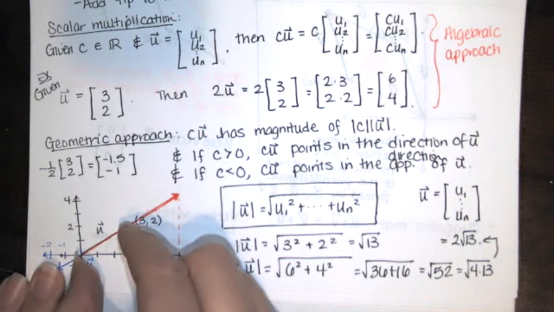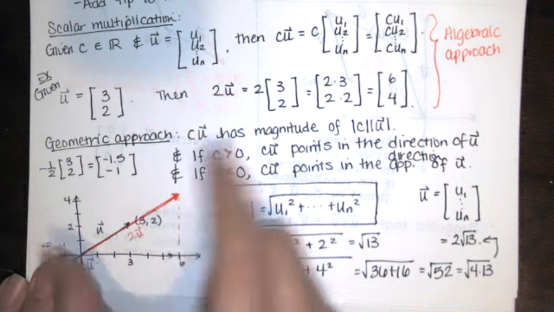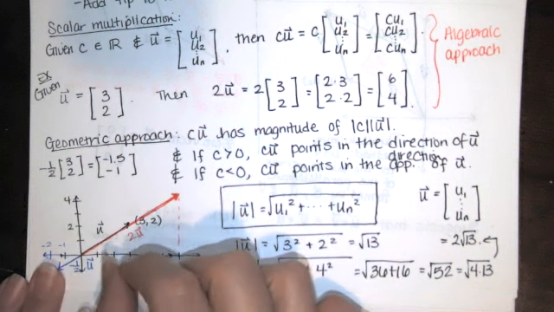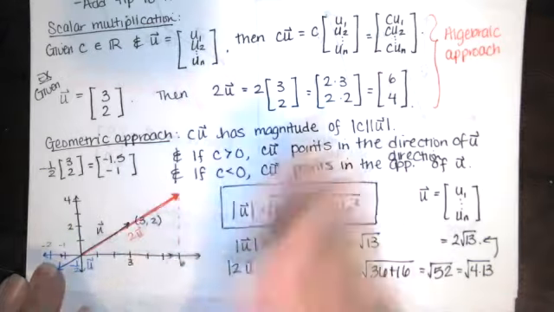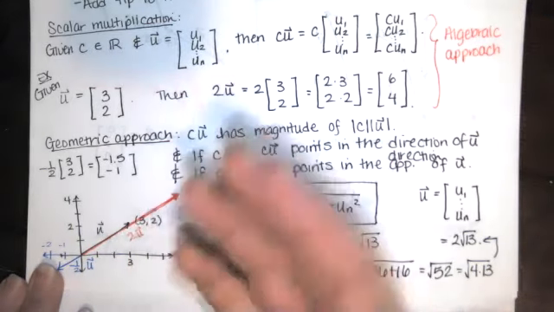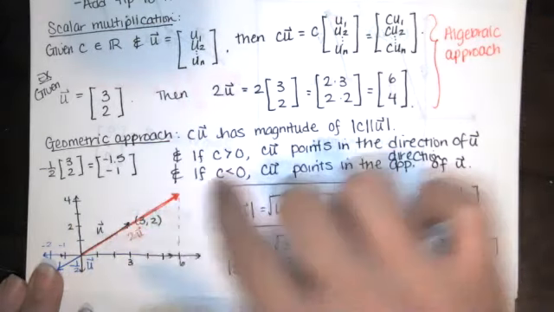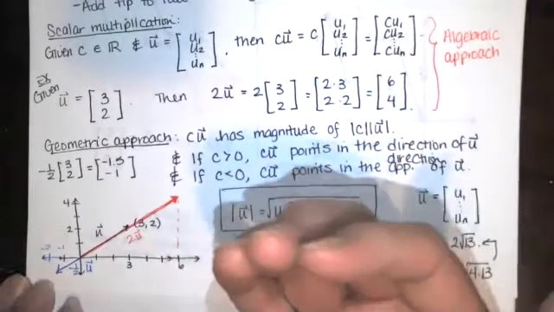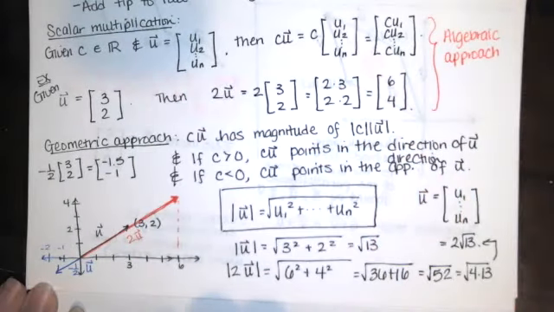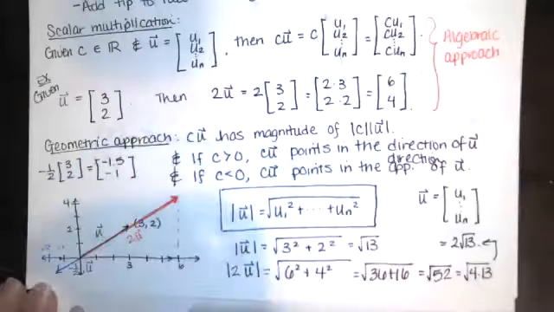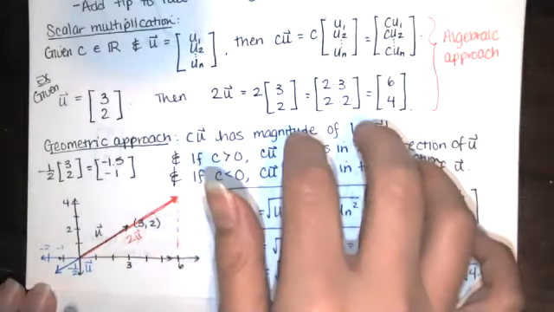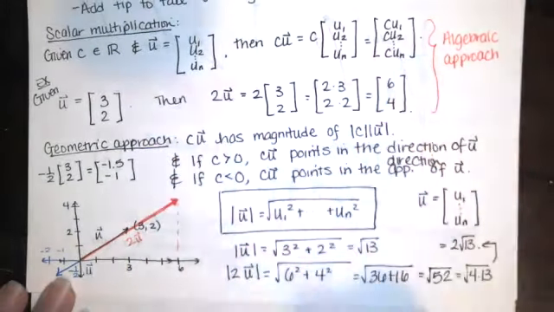You're making it absolute value of c times as long. So 2 times as long, or 3 times as long, 5 times as long, 1/2 as long. If you're multiplying by a positive number, you're going the same direction that you were going. If you multiply by a negative number, you're going the opposite direction. And that's exactly the same result that you get when you distribute that scalar to each of the components with the algebraic approach.